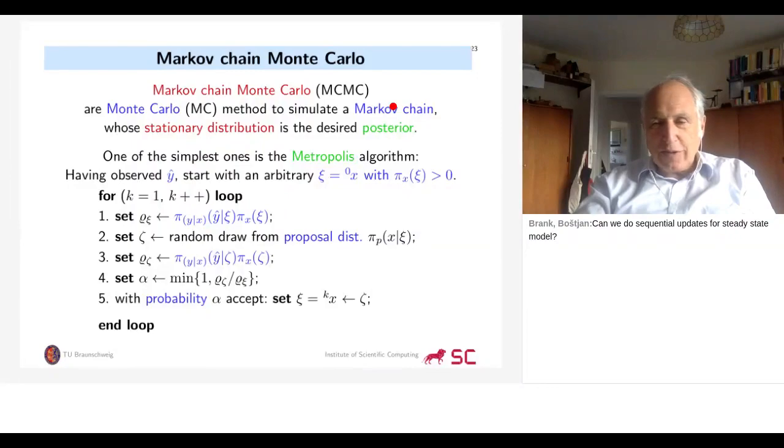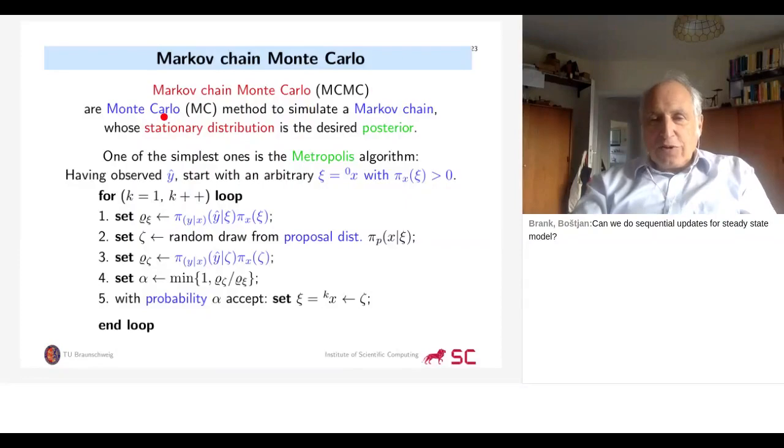That's the Markov property. The probability of going to another point depends only on the state right now. If the transition probability depends only on the state, this is called a Markov chain, after the Russian mathematician Markov.